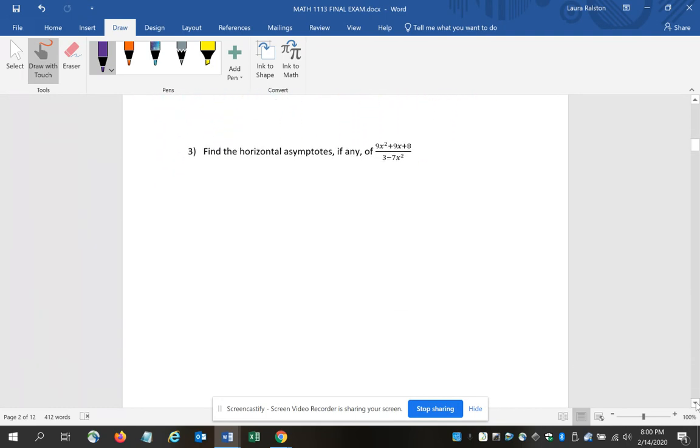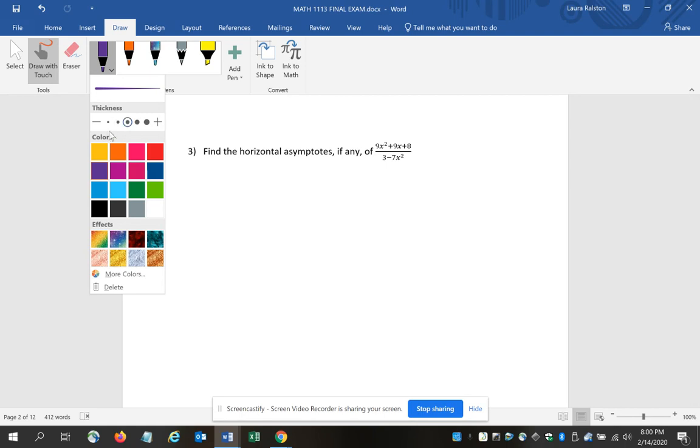Question number 3 is another question related to rational functions, and it asks you to find the horizontal asymptotes. Well, to find the horizontal asymptotes, you need to first remember how to decide whether or not you have a horizontal asymptote. If you'll recall, there are 3 rules.